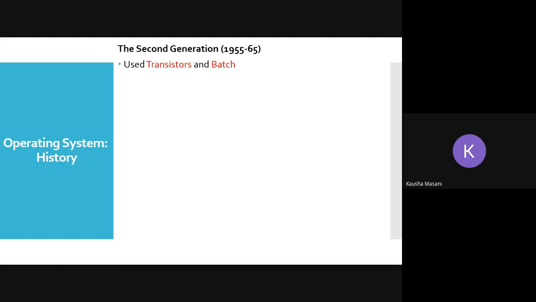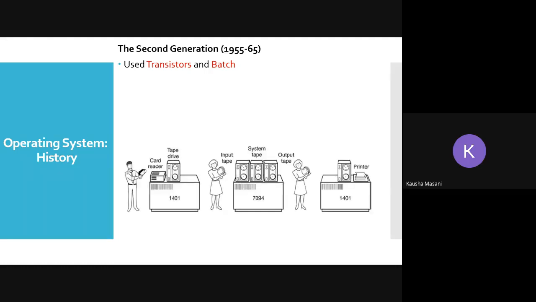Let me show you with the help of an example. This 1401 is one system, this 7094 is another system, and again this 1401 is one system. First of all, the programmers wrote the programs onto cards, and these program cards were known as jobs.